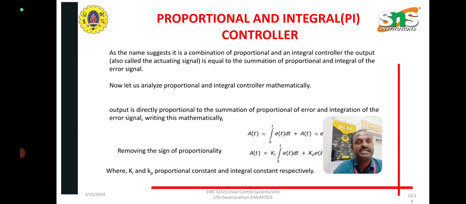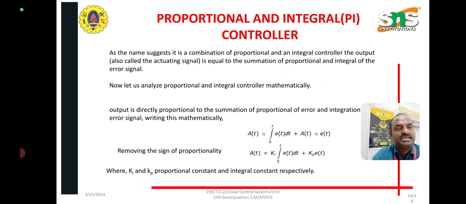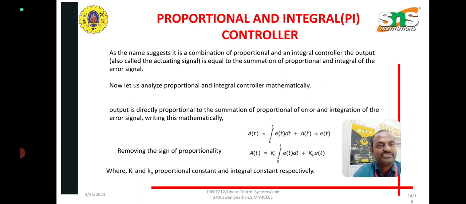The proportional and integral controller means both are combined together: the proportional part and the integral part. So A(t) is proportional to the integral from 0 to t of E(t), plus A(t) is proportional to E(t). The first is the integral part and the other is the proportional part. Removing the proportionality sign, you get Ki times the integral from 0 to t of E(t), plus Kp times E(t).